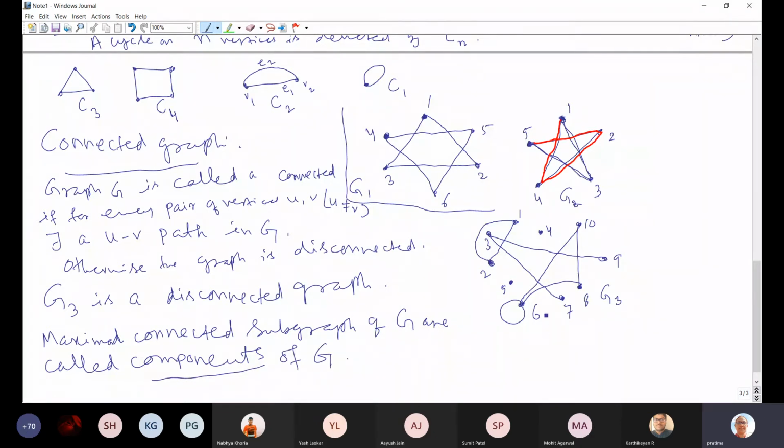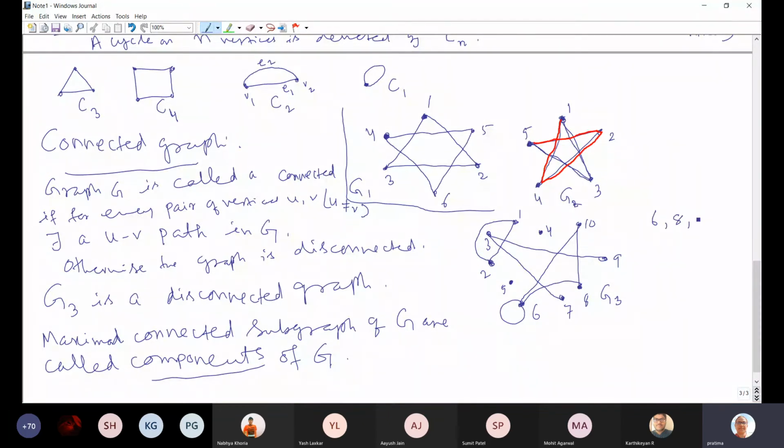So here in this example, for maximal connected subgraph, suppose I consider the vertex set 6, 8 and 10.